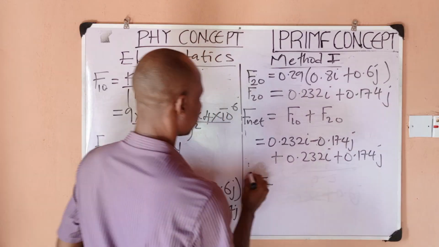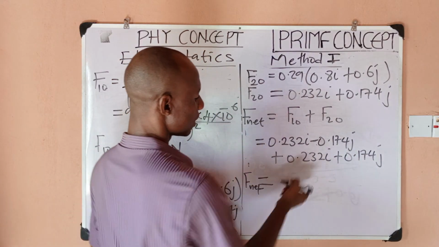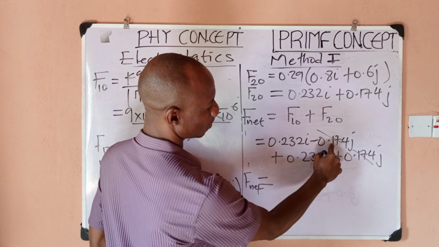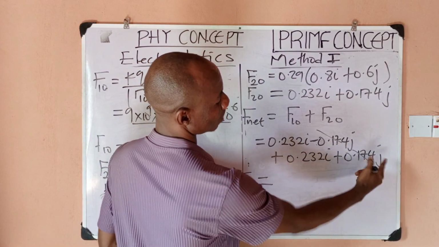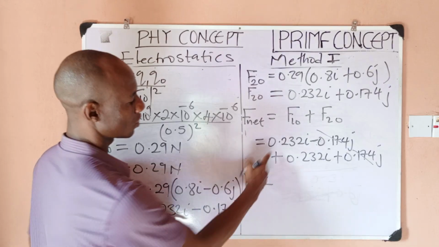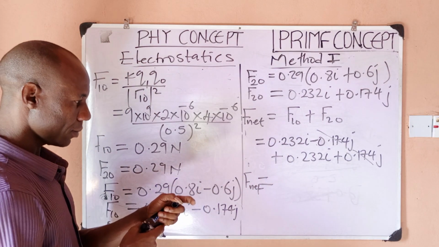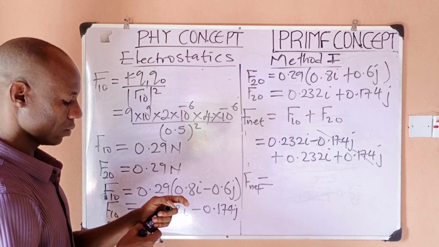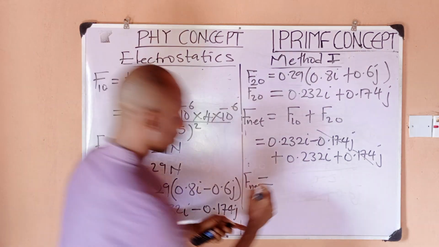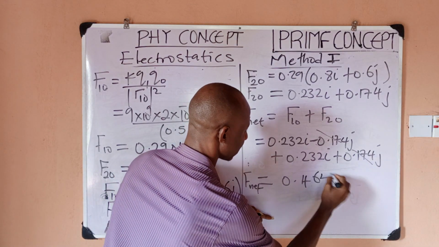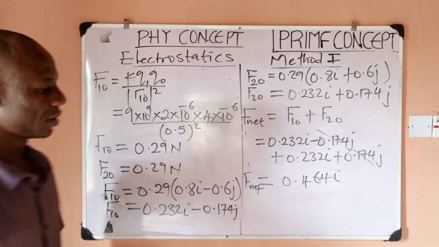So if you add them up, you notice that this would fizzle out, because this is minus 0.174, this plus 0.174, it will fizzle out. Then these two would add up. So let me quickly add them. 232. So this would give me 0.464i. So this is what I have.